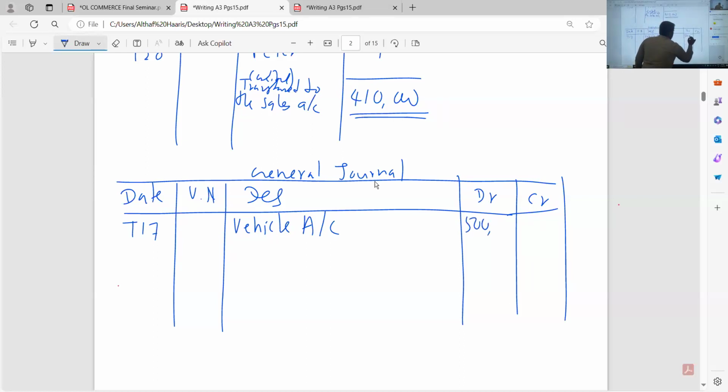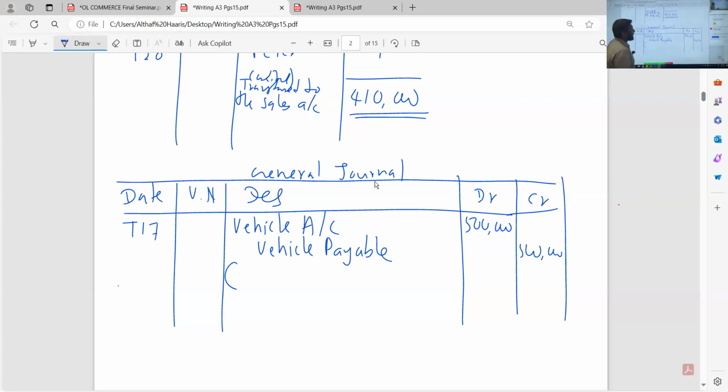Why debit? Because the vehicle is an asset for the business. And vehicle payable, not yet paid, we have to pay it, 500,000. Here you can write the narration.